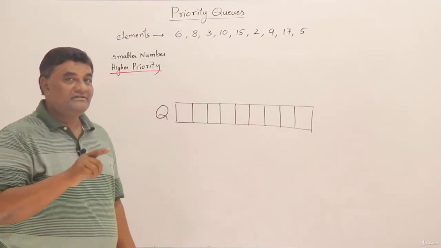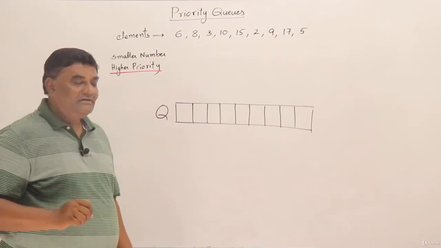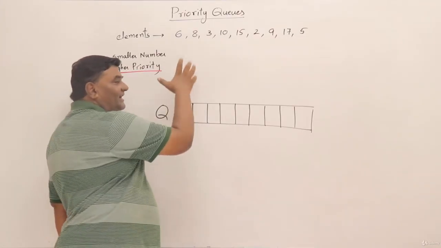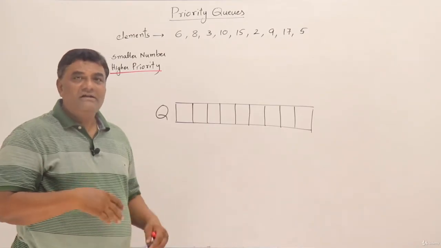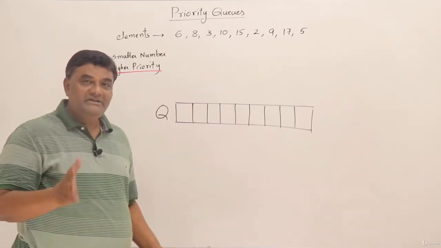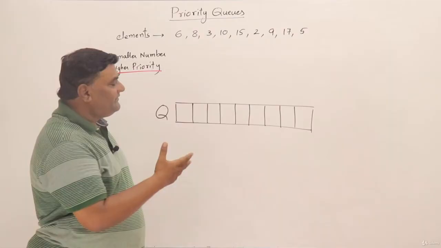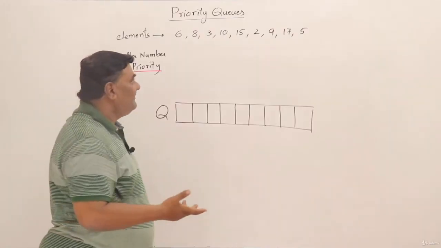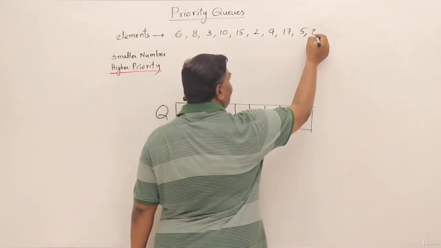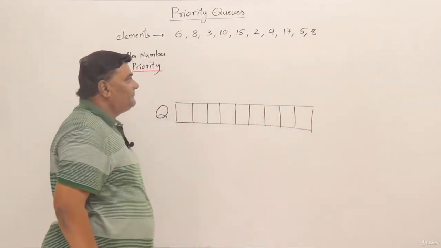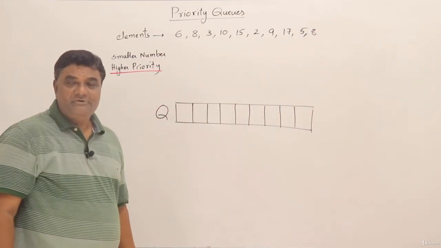So 6 is the priority of that element, and the second element's value is 8, so the priority is also 8. It means there are unlimited priorities. Priority can be anything, and even the elements can have the same priority. Like I can have duplicate elements, 8, one more 8. So this is a duplicate, same priority, two elements with the same priority.